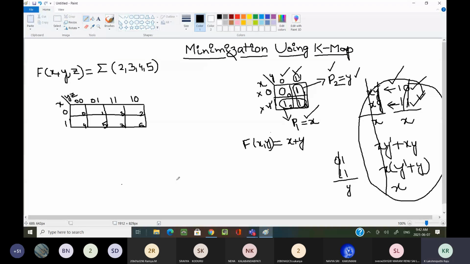Are you doing this problem? Everyone, are you doing this problem? Yes, sir. No. X plus y, sir. Final solution, x plus y. No, sir.